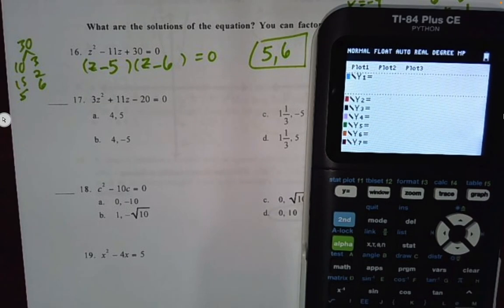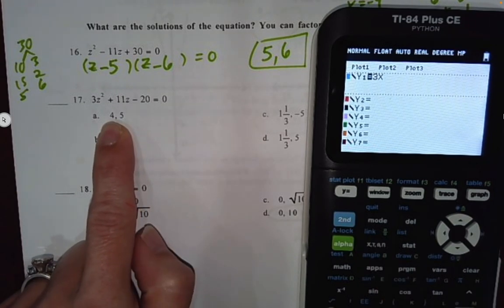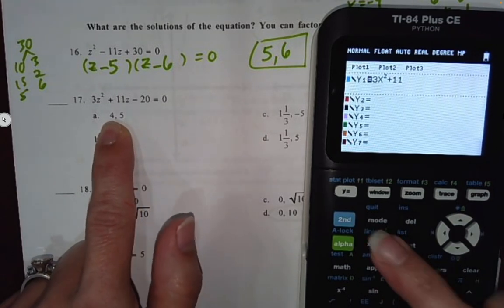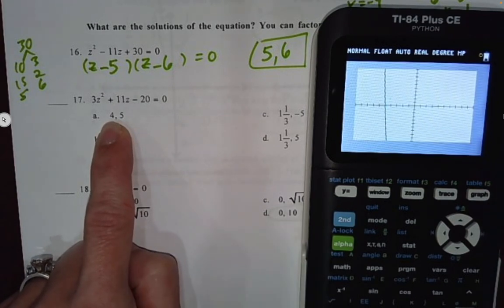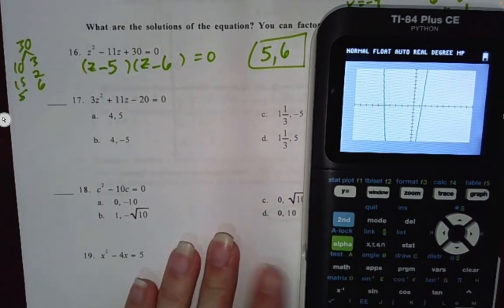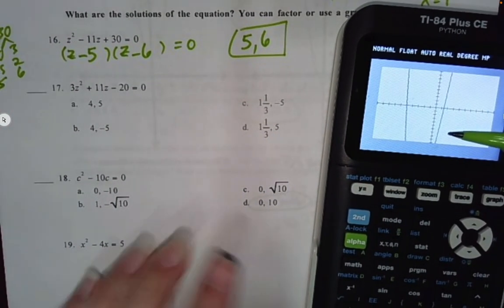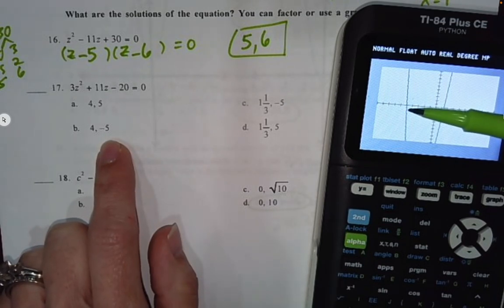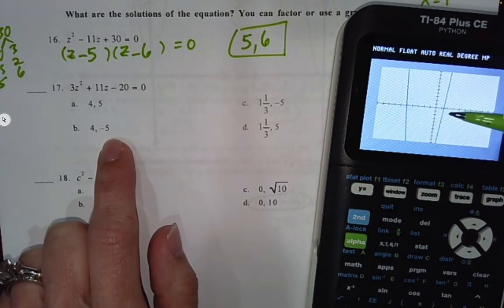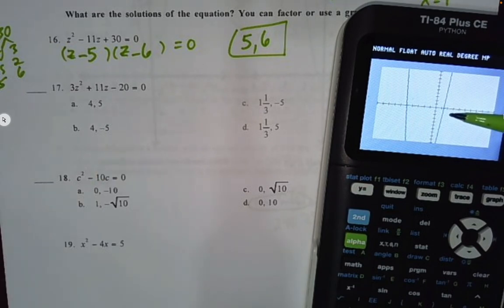So let's go to y equals. I'm going to put 3x squared plus 11x minus 20, and then I press graph. It looks like my answers are, since I have multiple choice, negative 5, and some number after 1.